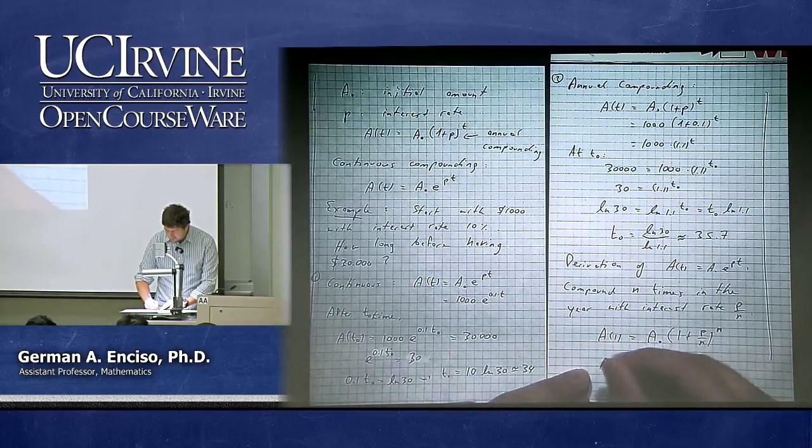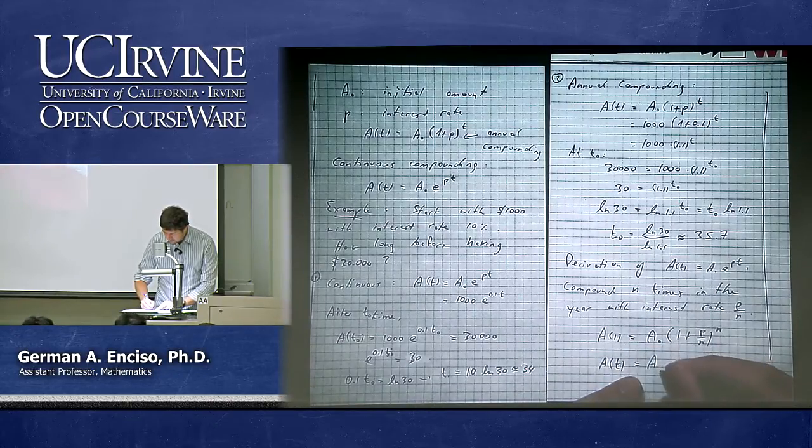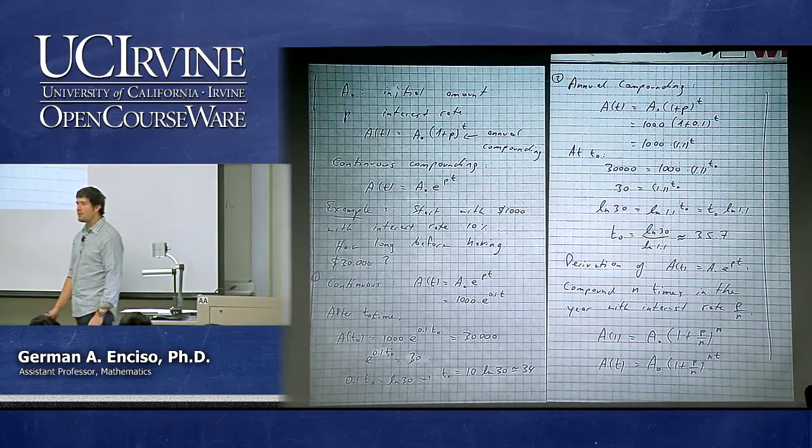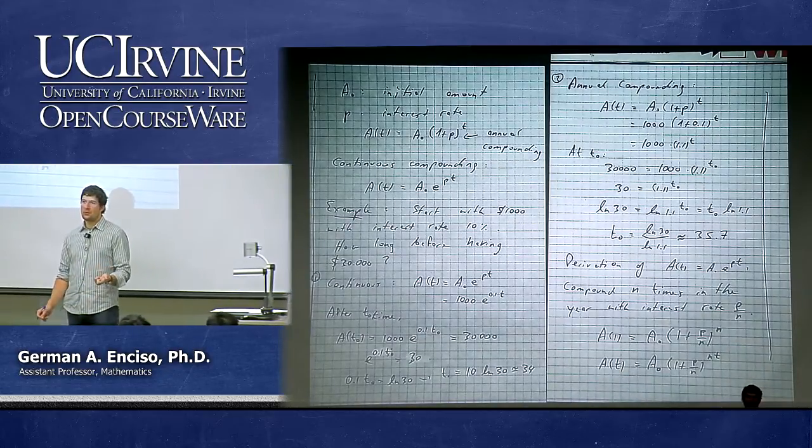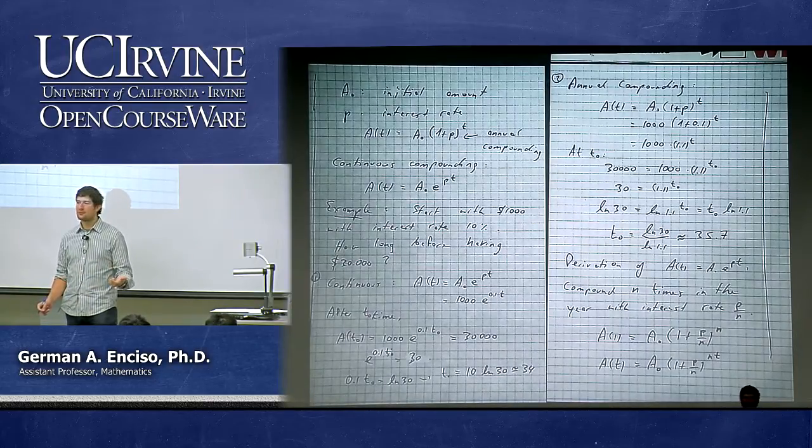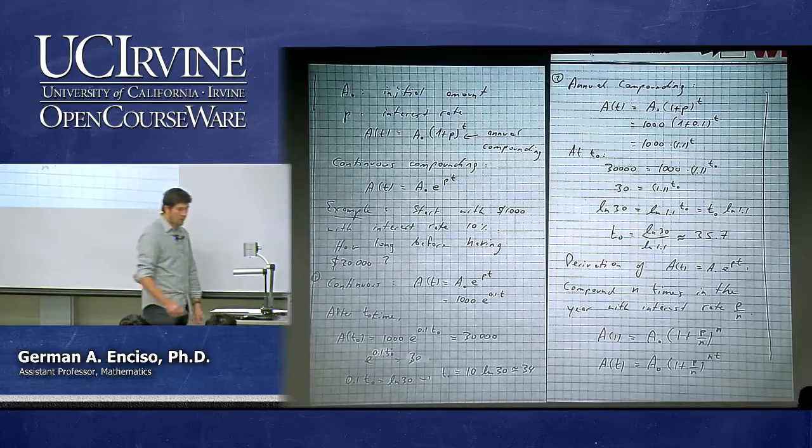If I did this after t years, it's very similar. It's A0 times 1 plus P over n, compounded n times t times, because we're doing t years, and each year we're doing n compoundings. Great.